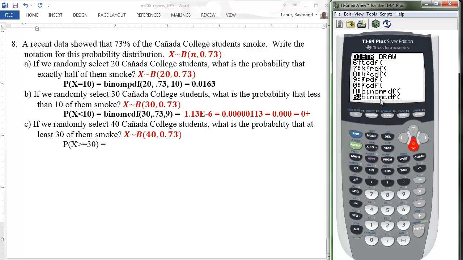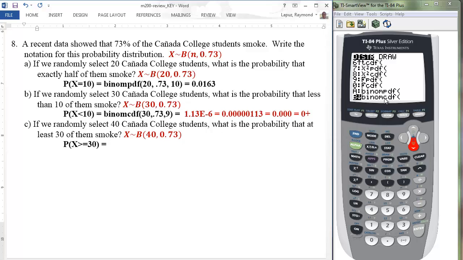Or we can take advantage of the fact that if this is a probability distribution, all those probabilities need to add up to 1. And so if we take the total of probabilities, that's all equal to 1, and the cumulative probability distribution counts from the bottom 0 all the way up to a certain point, then maybe we can use the binom CDF and then subtract it from 1. So that's going to be our key. First we're going to find the binom CDF of this particular scenario.